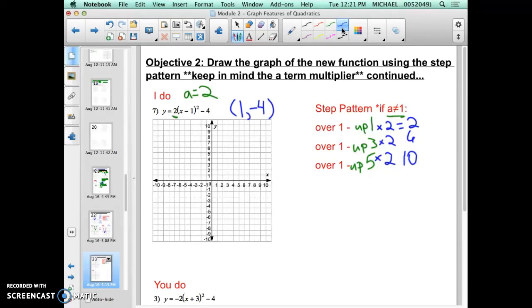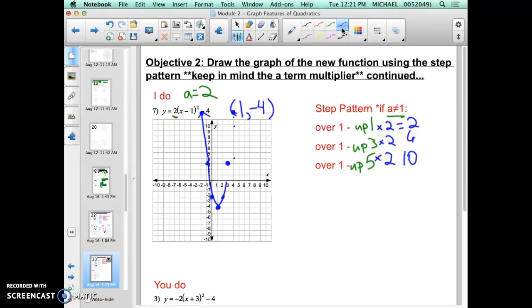So (1, -4). But instead I'm going to go over 1 up 2, over 1 up 6, over 1 up 10, counting the units each time. Same thing, over 1 up 2, over 1 up 6, over 1 up 10. There is my parabola.